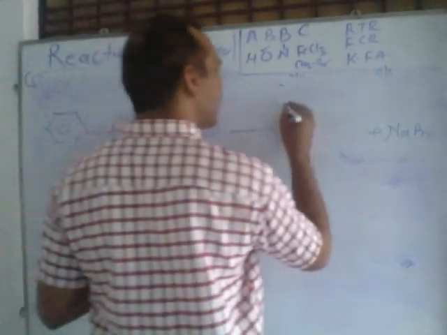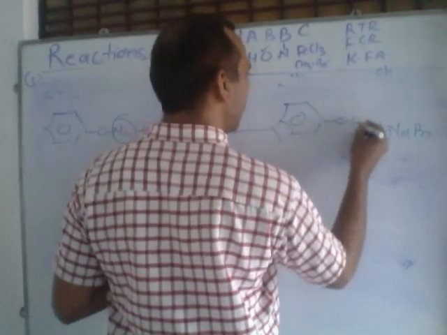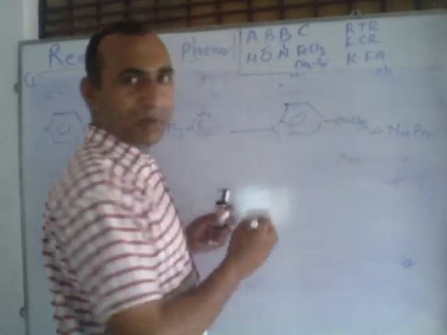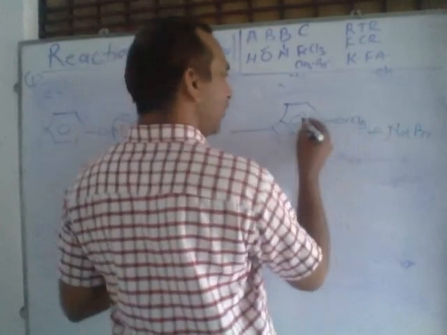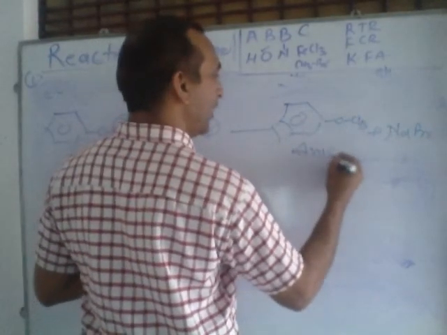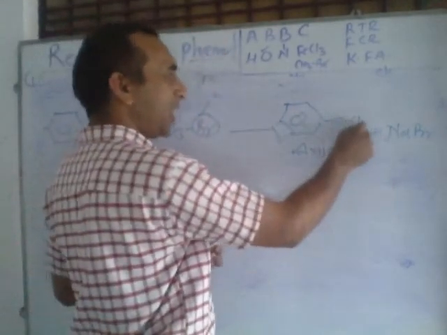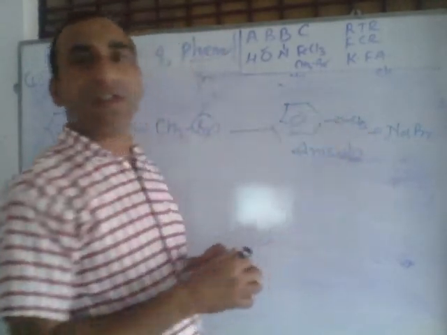So after the reaction, this type of compound is formed. Can you guess the name of this compound? This is phenyl OCH3. This is called anisole. Anisole, also you can say methyl phenyl ether. This is an ether.